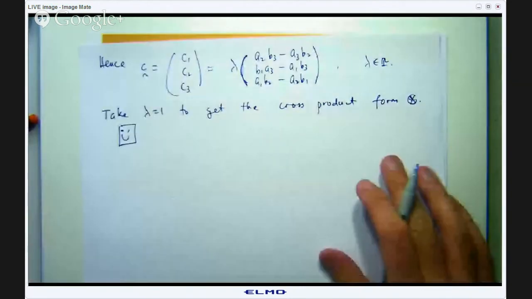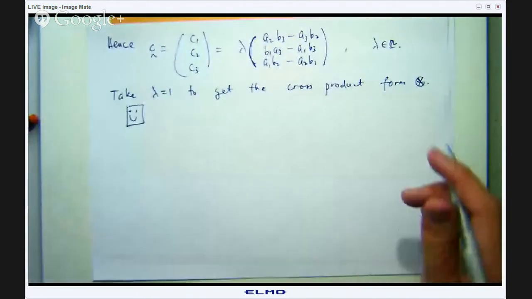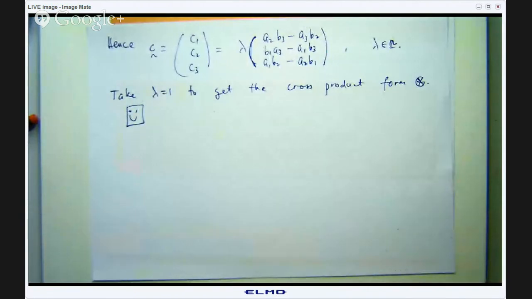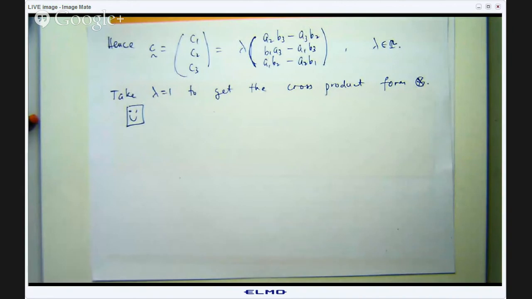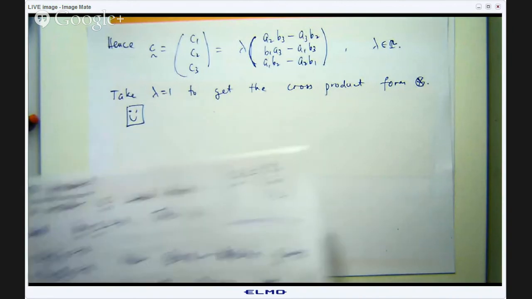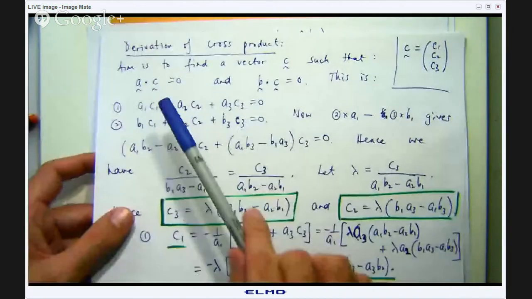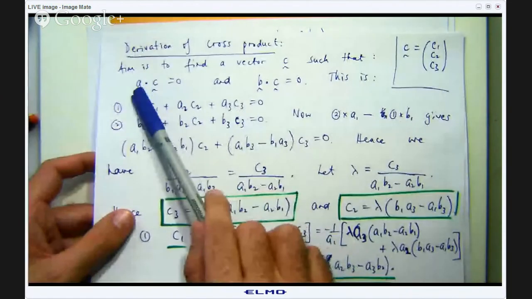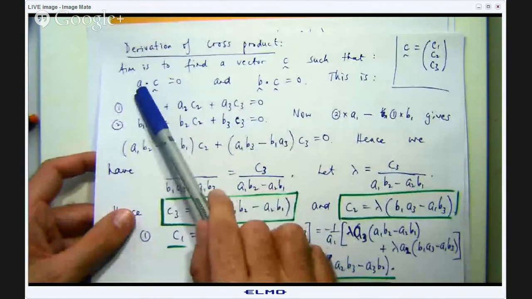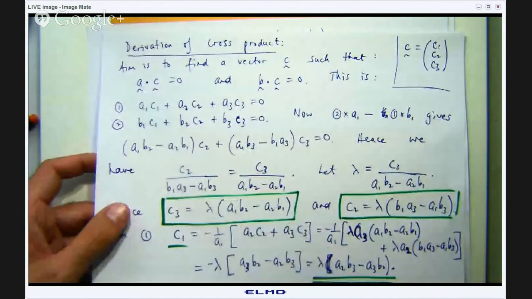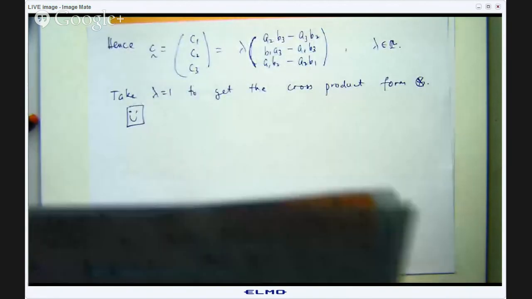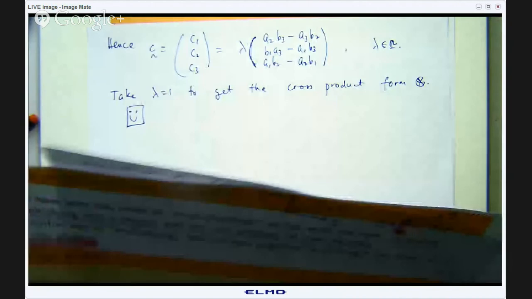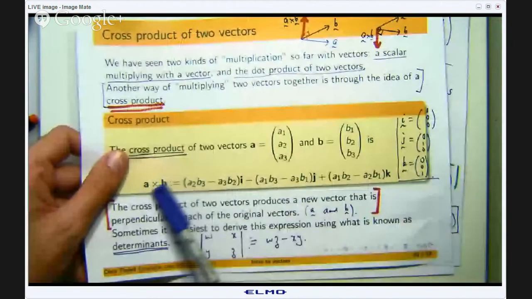So that is where the cross product comes from. It comes from a geometric requirement, if you like, that the new vector has to be perpendicular to both the A vector and the B vector, and we would denote this C vector to be the cross product.